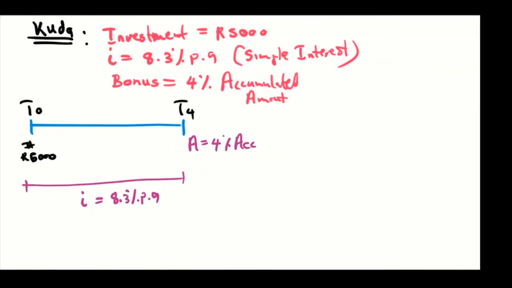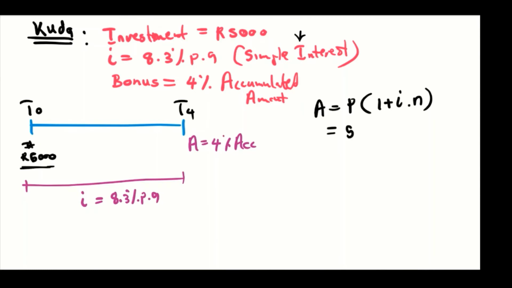Because this is simple interest, you will say A is equal to P into 1 plus i multiplied by n. We want the accumulated amount, so the present value is the 5,000 that was invested at T0.